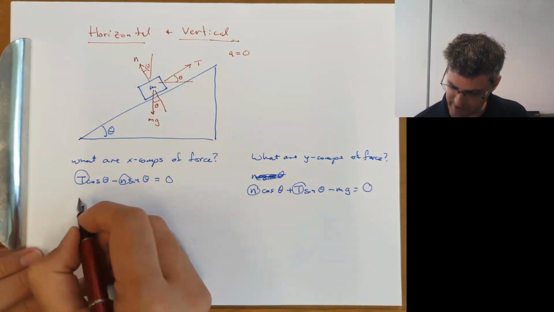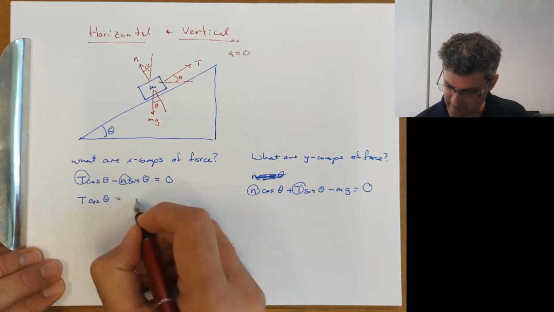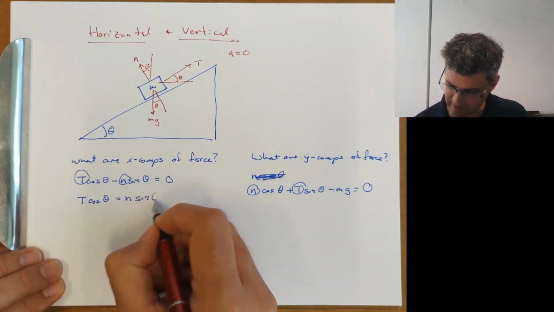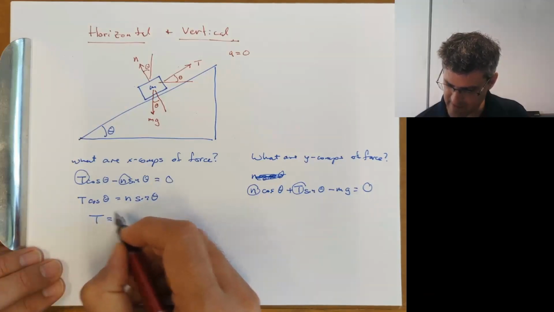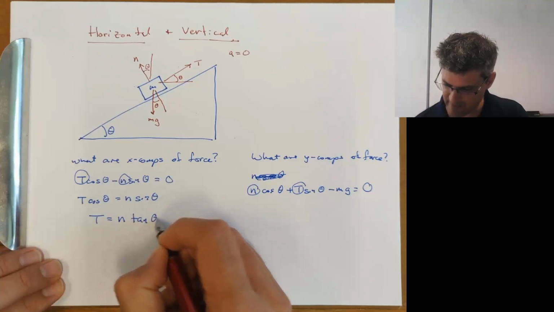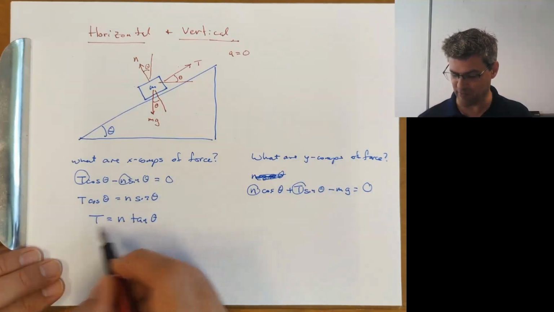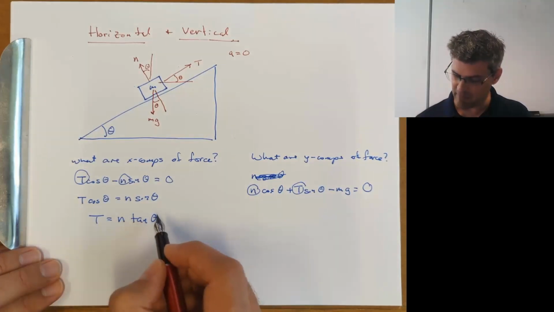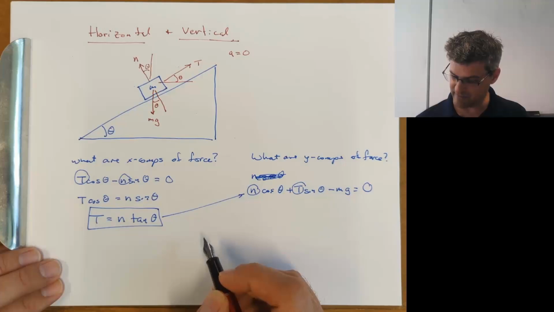From this equation, we see that T cosine theta is equal to N sine theta, or that T is equal to N sine theta over cosine theta, which is tan theta. Now, I don't know what the normal force is, so I can't find the tension, but I can take this tension and plug it in over here.